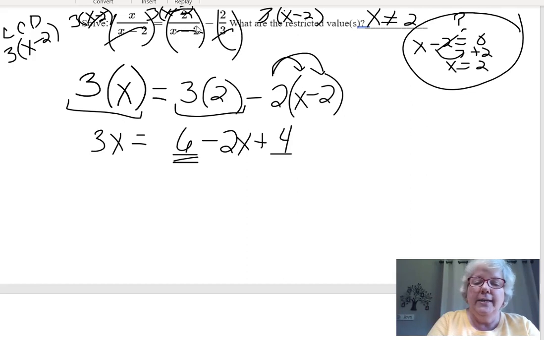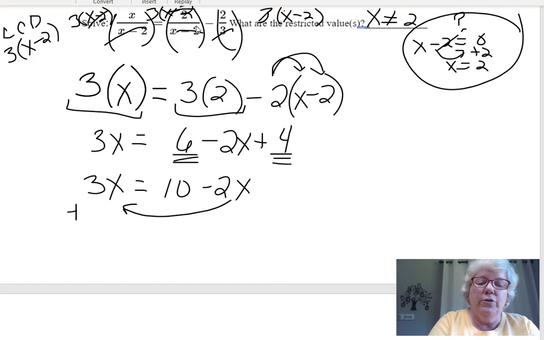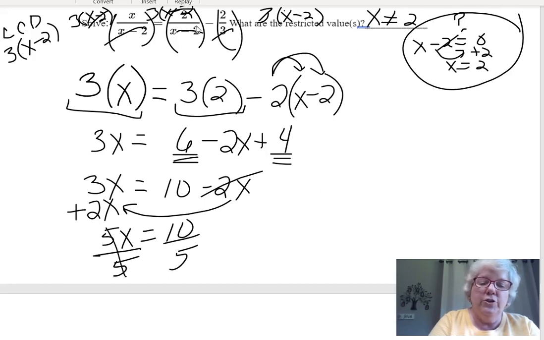Notice I have some like terms to combine on the same side. 6 and 4 give me 10. Then I need to move my 2x over, change the sign, it becomes positive. That's 5x equals 10. Then I divide by 5, the coefficient, and x equals 2. Yay!